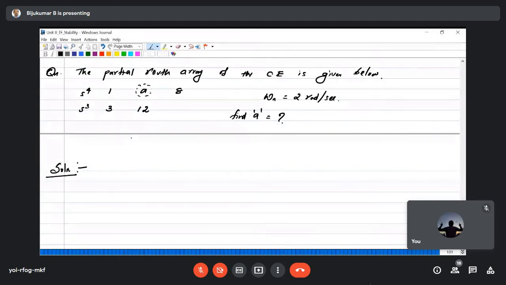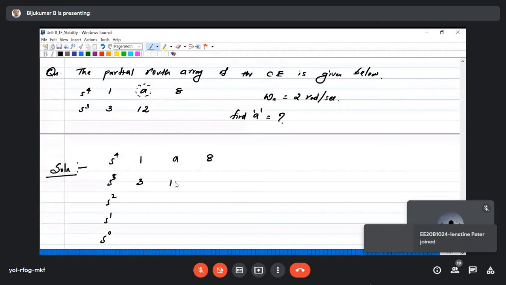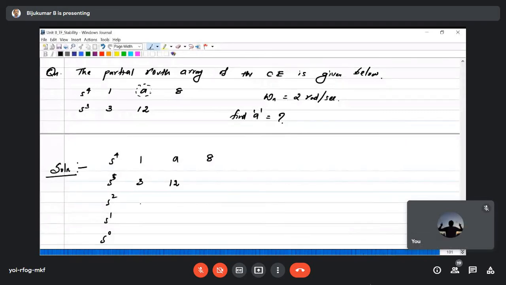So how will you do it? We can form the Routh array: s power 4, sorry, s power 3, then s square, s1, s0, the remaining things we can fill in, right? So this becomes 1, A, 8, 3, 12. What is the value of this one? A minus 3, sorry, A minus 12 by 3.